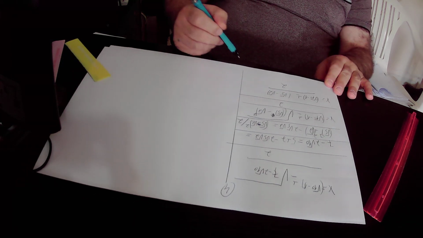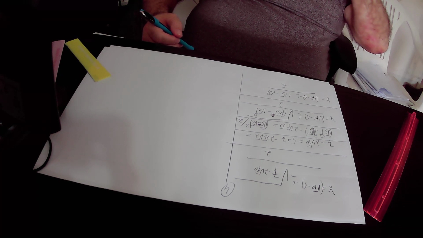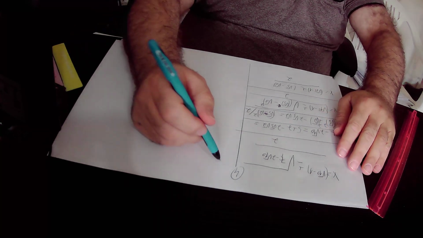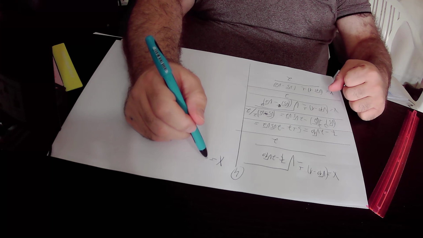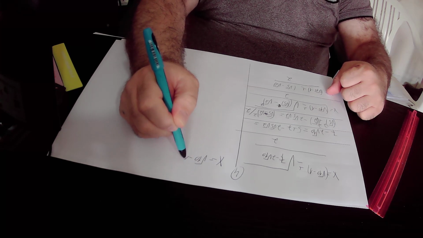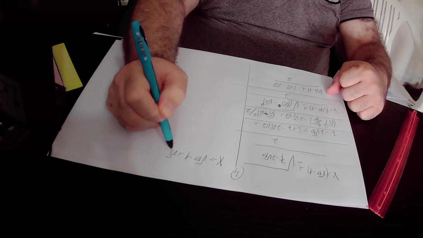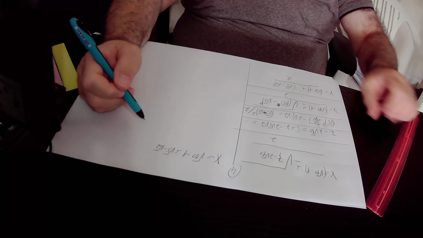So here we will have two possible solutions. The first solution will be x equals the square root of 10 minus 1 plus the square root of 5 minus the square root of 2, all divided by 2, of course. This is the first solution.